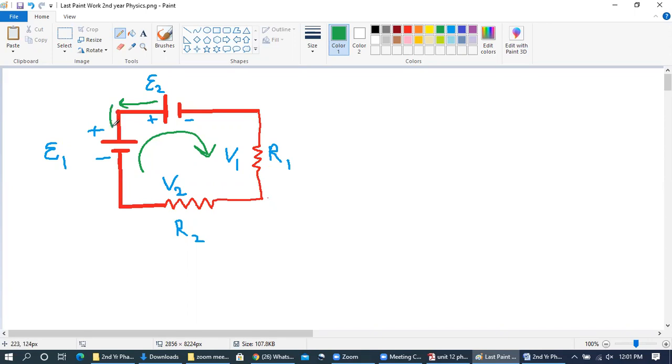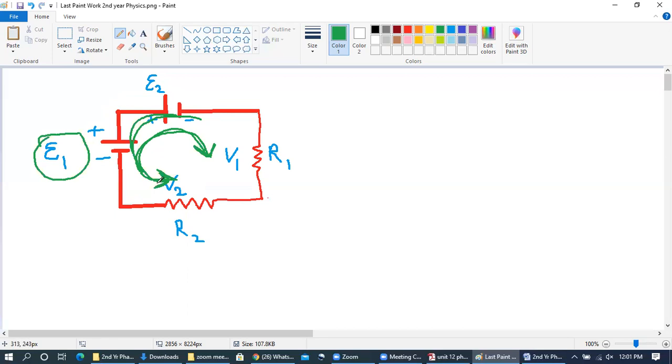Therefore, this current will be moving in the opposite direction if only the second battery is connected. So both of these batteries are trying to produce currents in opposite directions, because epsilon 1, the first battery, is trying to move the current in the clockwise direction, while the second battery is trying to move the current in the anti-clockwise direction.